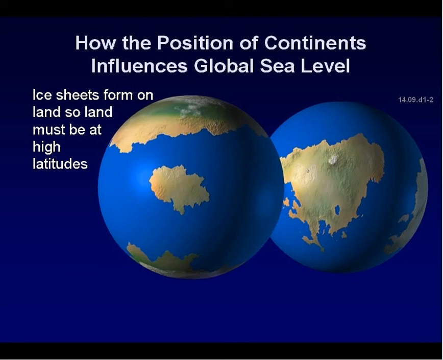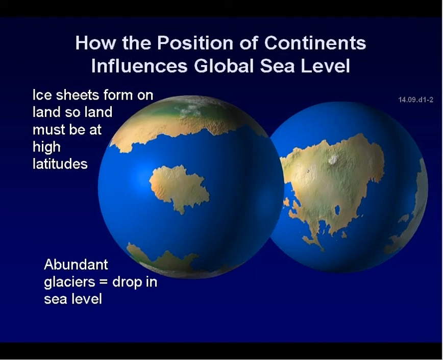So we need land. That's the idea. We need land in the high latitude areas to actually get sufficient ice on there. And if there isn't any land, if our supercontinents at some time in the past were at low latitudes, then even with cold temperatures, we're not going to get such significant changes in sea level.